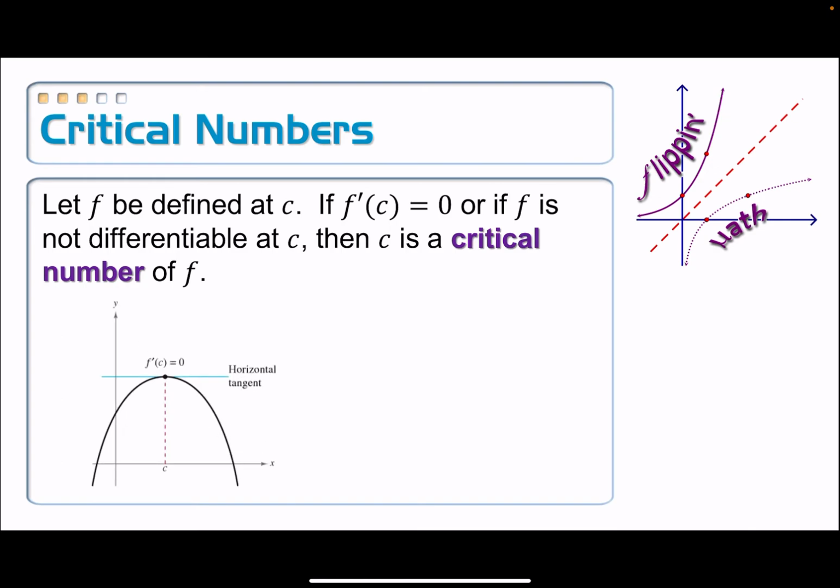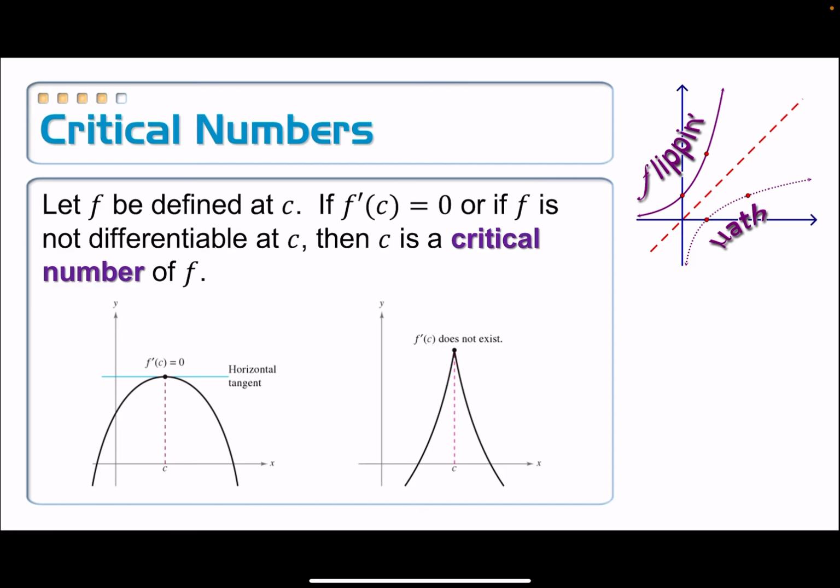So here, f prime of c equals 0 gives a horizontal tangent line, and notice that we care about that particular point because that's where we could have a relative minimum or maximum point. And then on this next picture, we have a value of the function where the function's derivative is not defined. We get a sharp turn, but at that sharp turn, we have a maximum value. And that's, again, why we care about these things.